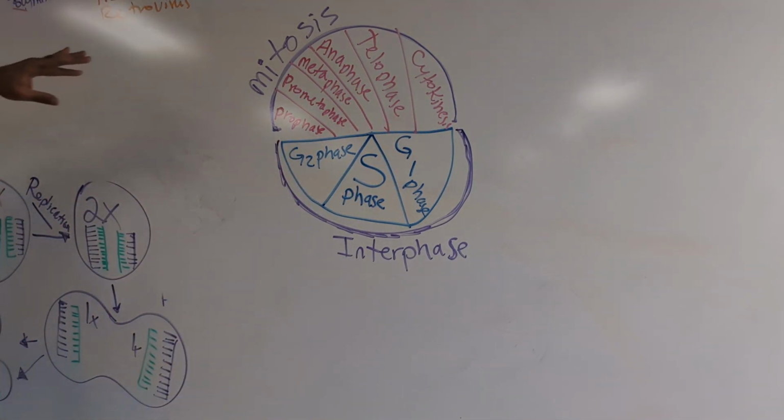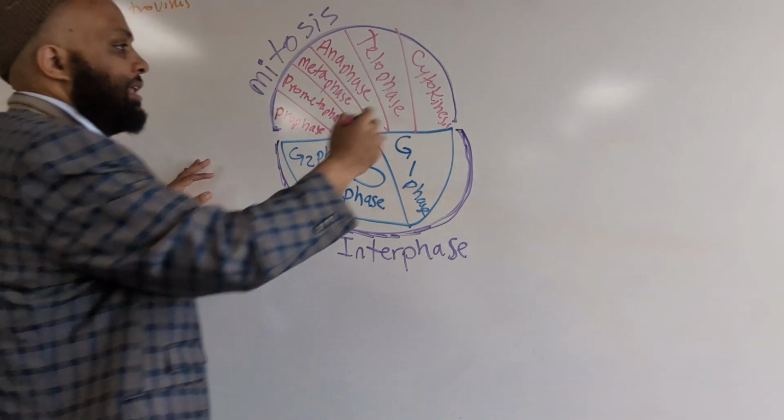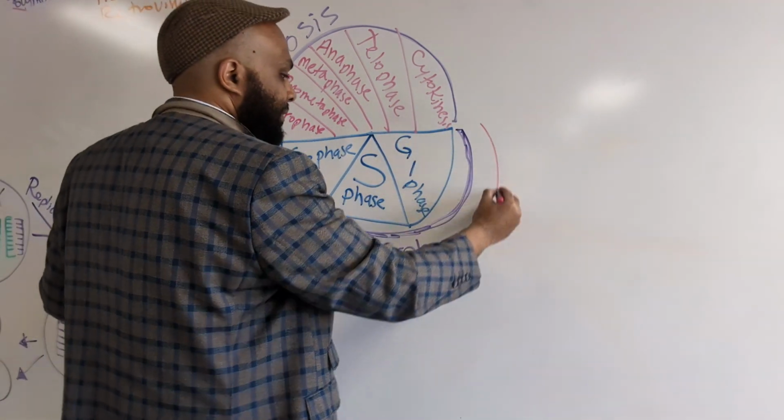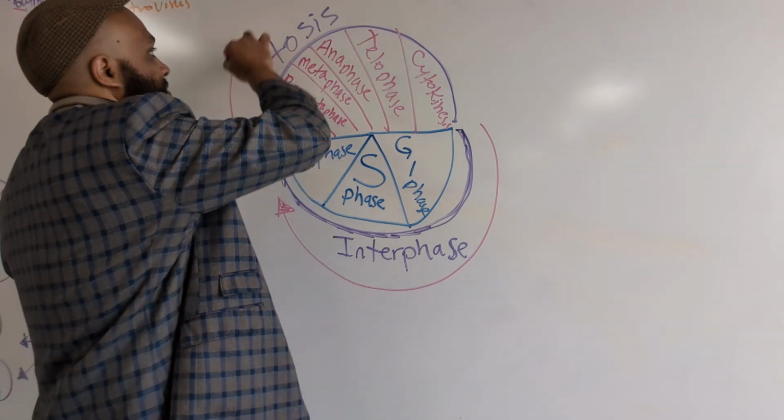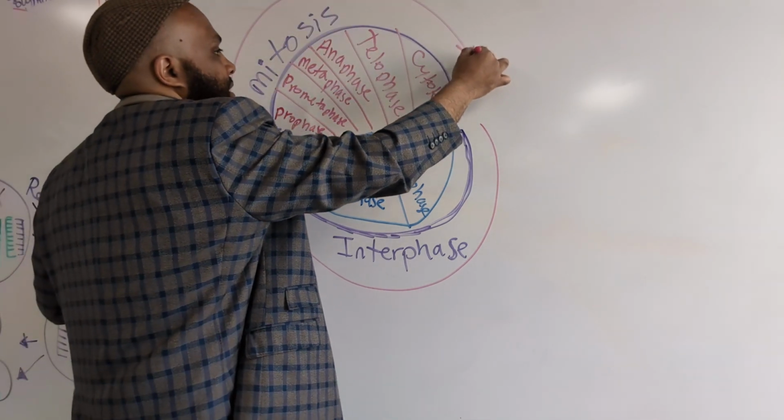So in order for me to divide and have two cells, I must go in this direction. I must go clockwise.